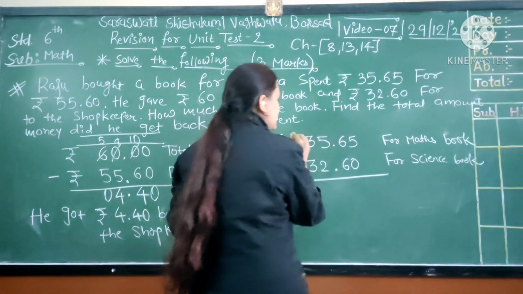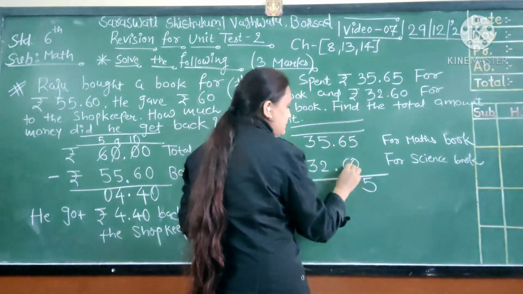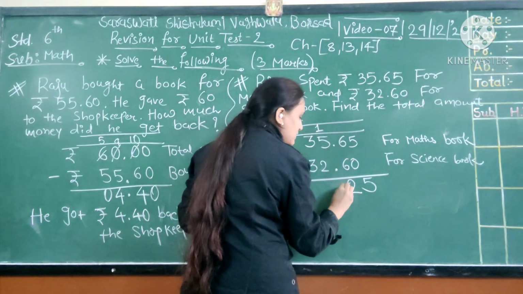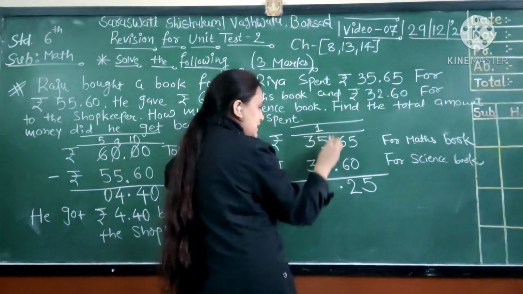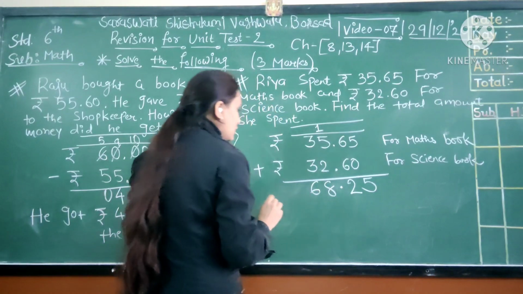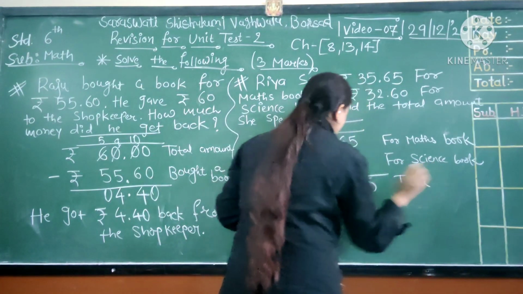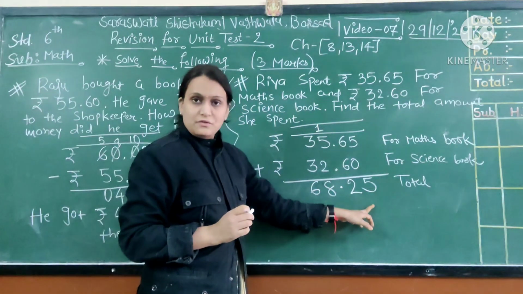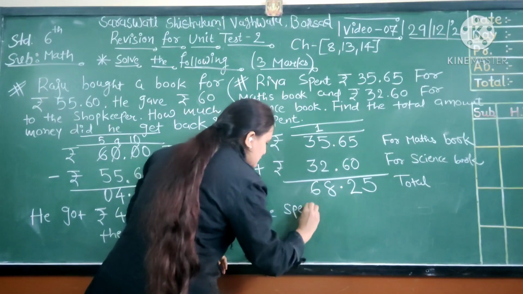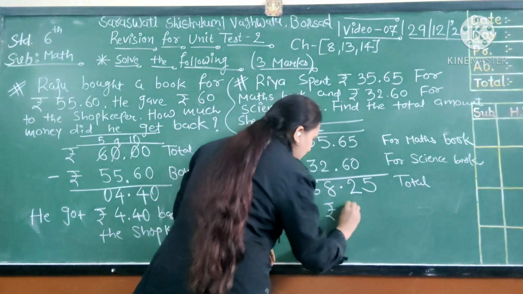So let us start the addition. 5 plus 0, 5. 6 plus 6, 12, carry over 1. Now the decimal will be as it is. 5 plus 1, 6, 7, 8, then 3 plus 3, 6. So the total amount spent here is ₹68.25.